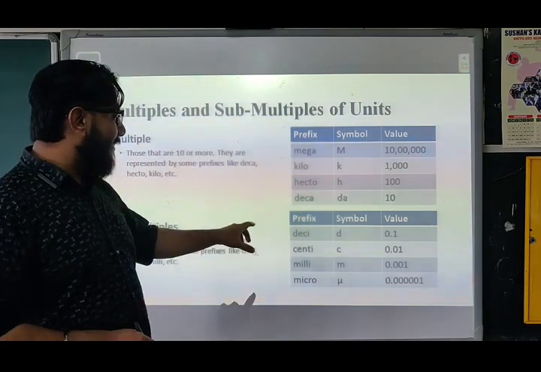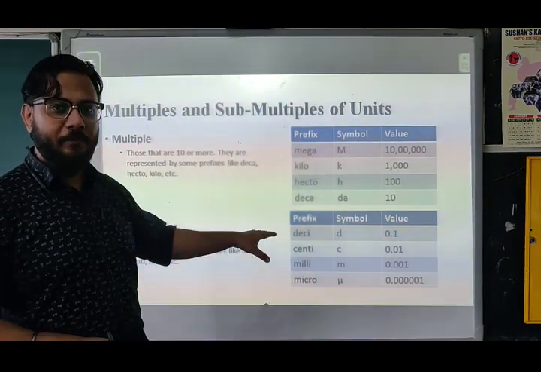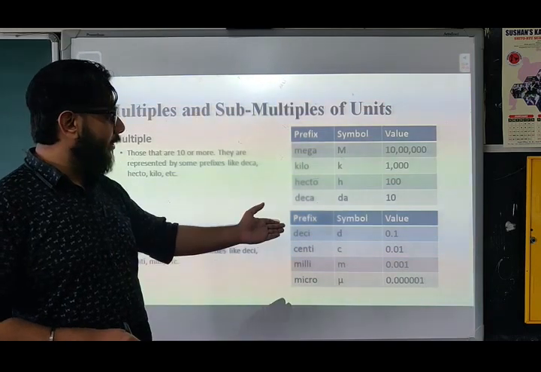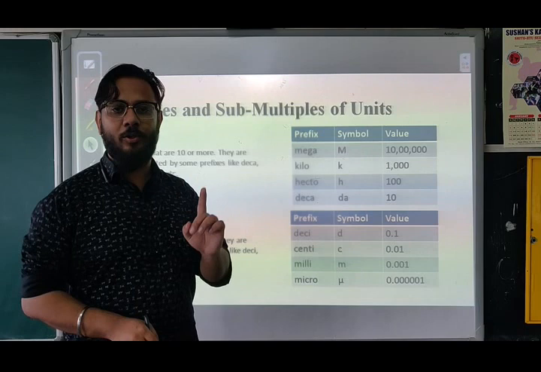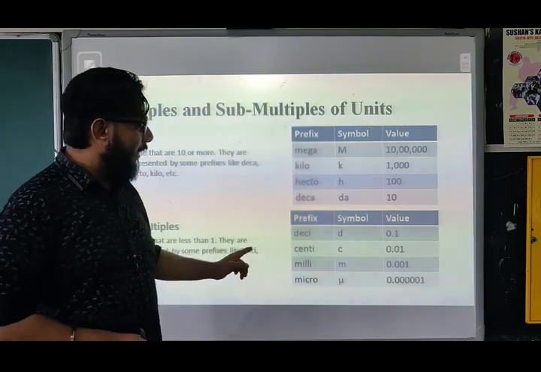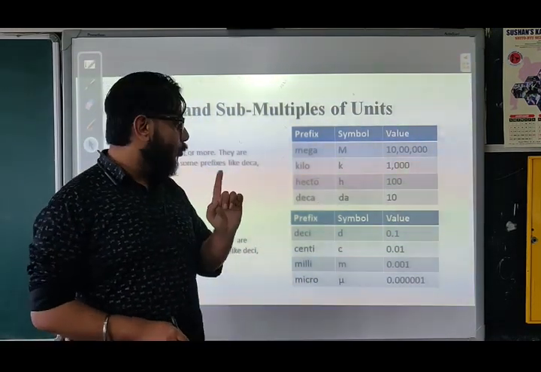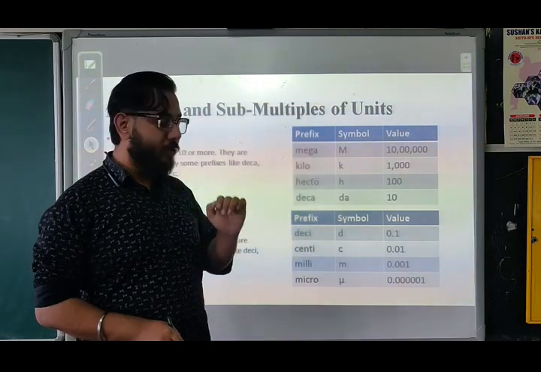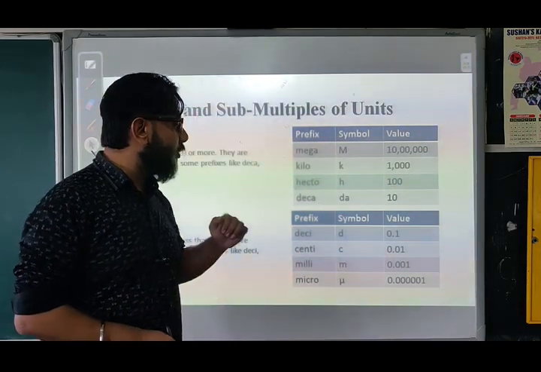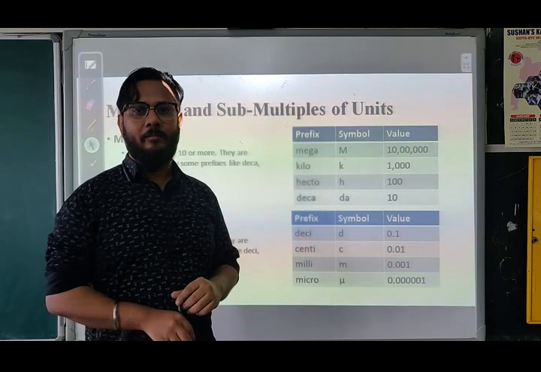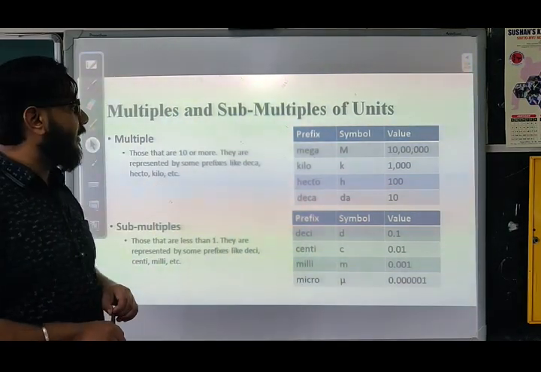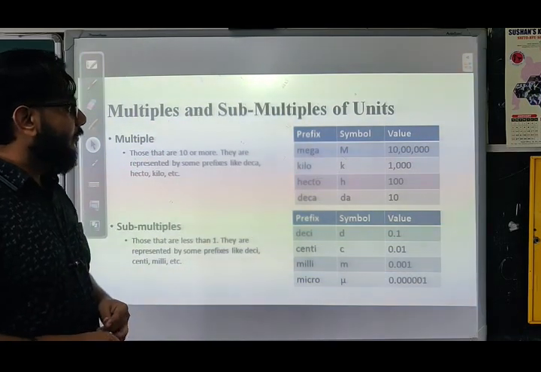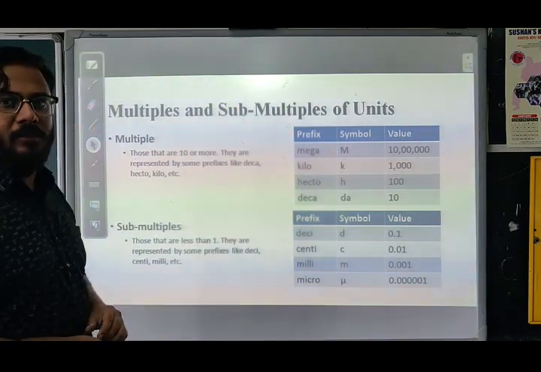So when you put centi in front of the meter, that is cm, it will be 0.01 meter. 1 centimeter is 0.01 meter. 1 millimeter is equal to 0.001 meter. That is how you use the prefixes and the symbols for your multiples and submultiples for the values.